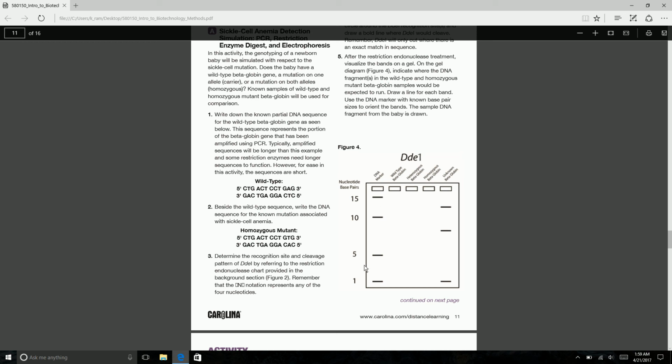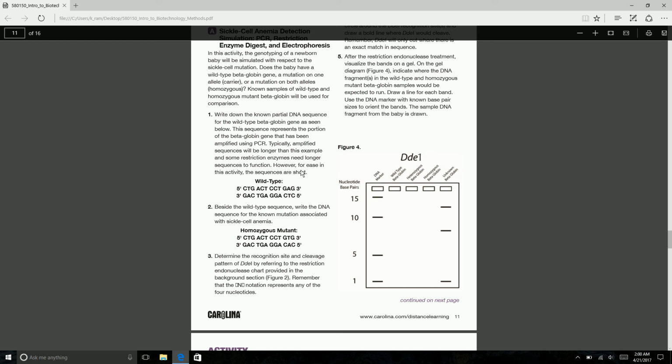When you have done the restriction enzyme digestion, the next step is to do the DNA electrophoresis. So on the basis of your results, just write down here where the DNA fragments will be visible.